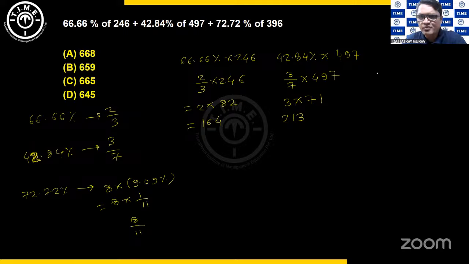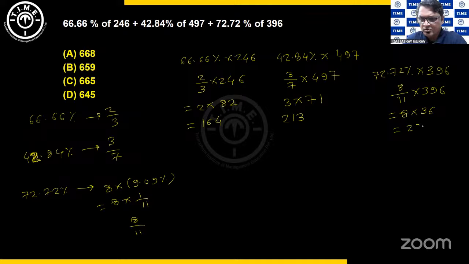So the last number, 72.72% of 396, is nothing but 8 by 11 into 396. If I divide by 3, starting with 3, 33, 6 remaining, 66. Now multiply by 8. It will be 288.